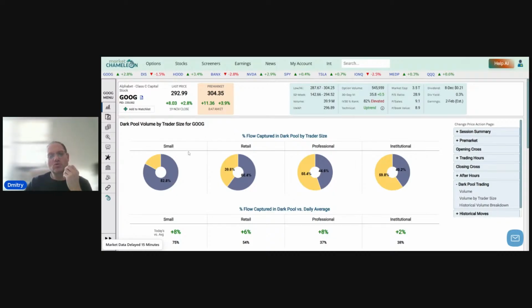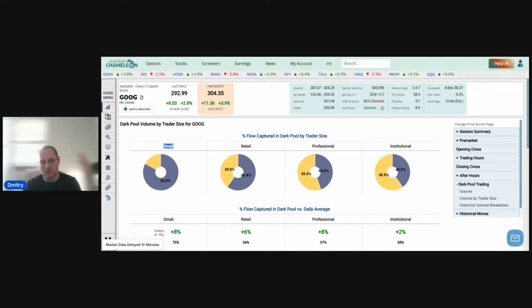And that's why when we see this breakdown, it starts to make sense. How does the small flow look? Well, you could see most of it goes into the dark pool, and that would make complete sense. If you have small retail order flow and you're a broker, you want to capture that within your dark pool and match it up with your liquidity providers. And some brokers trade against that order flow themselves, right?